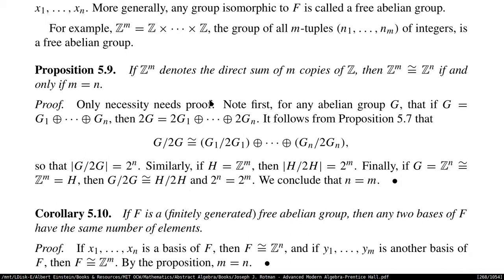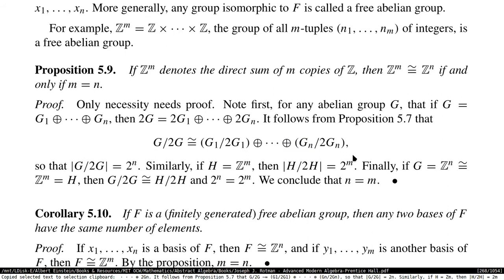Now G mod 2G is isomorphic to the direct sum of all the quotient groups, right? From the proposition that we just saw a few pages back. Alright, so if you calculate the cardinality of this G mod 2G, it'll be 2 to the n, right?